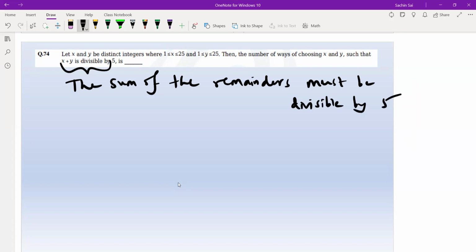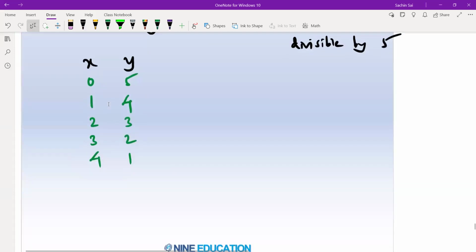right? And this is important because whenever you divide any number by 5, the possible remainders are 0, 1, 2, 3, 4, right? So here, when I choose X and Y, then X must leave remainder 0 and Y can leave remainder 0, or X can leave remainder 1 and Y 4, X 2 and Y 3, X 3, Y 2, X 4 and Y 1, right?